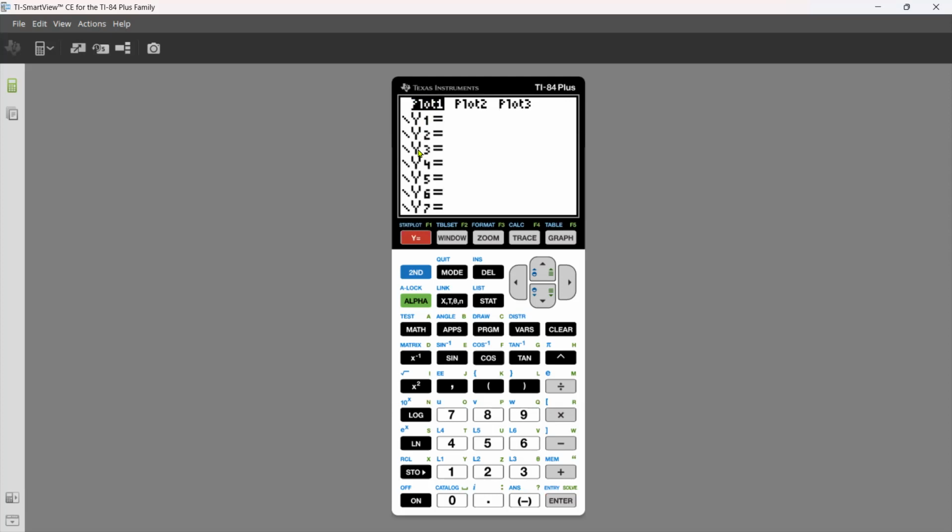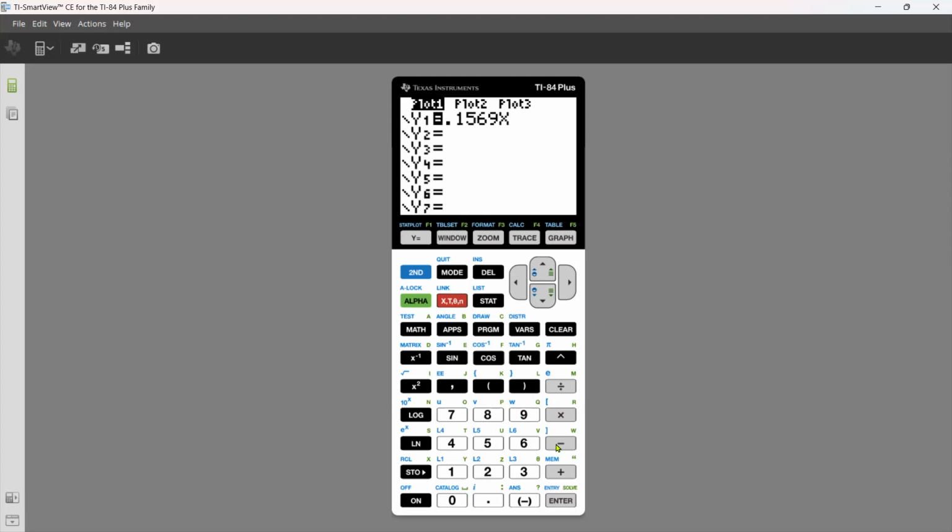So we're going to get 0.1569, and remember that goes in front of our x. You're going to use the x next to the alpha key, the x, t, theta, n, this thing in the middle that looks like a circle with a line through it. 0.1569x, and your b is negative, so make sure here that you use the minus.